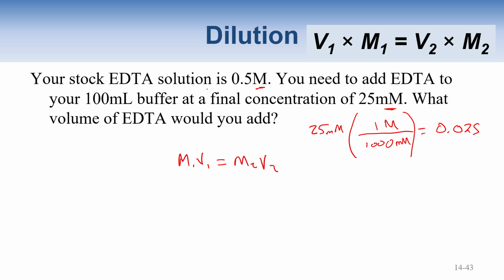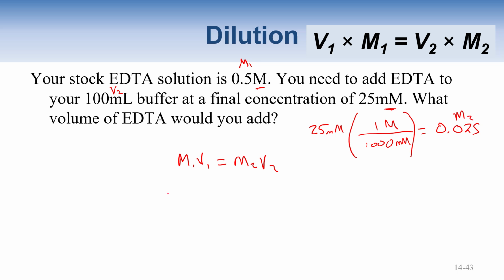Your stock EDTA solution, this is what we're starting with. You need to add EDTA to your 100 ml buffer. So this is our final volume at a final concentration of, this is our M2. What volume would you add?